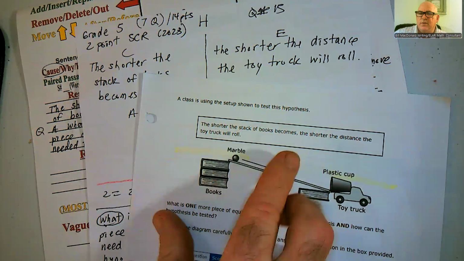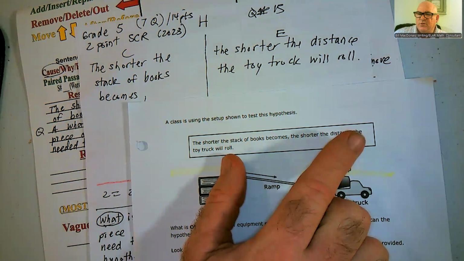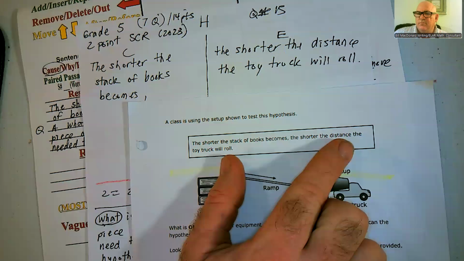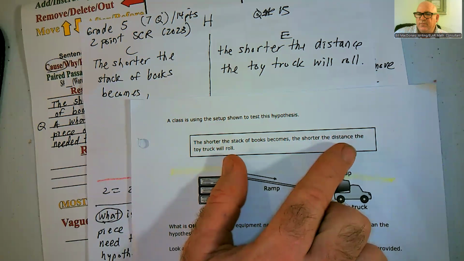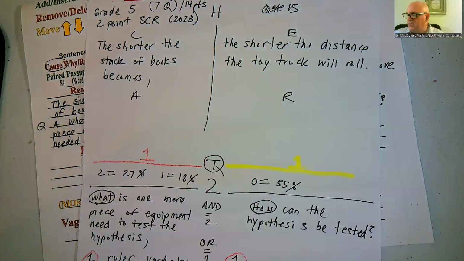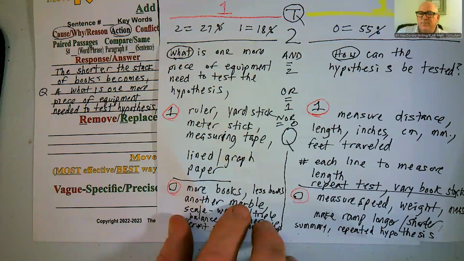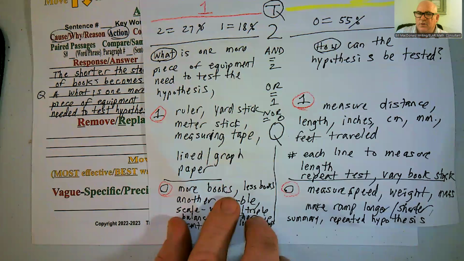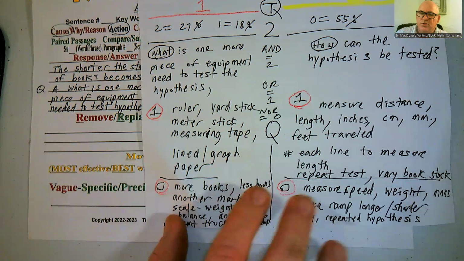But because we're talking about measuring distance, the only equipment I can use to measure distance is some measuring tool that measures in either the standard system or the metric system of measurement. Okay. Now, here's some answers that would have gotten your students 0 points for part one or part two of the question.